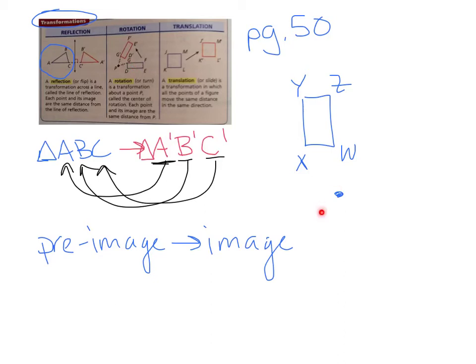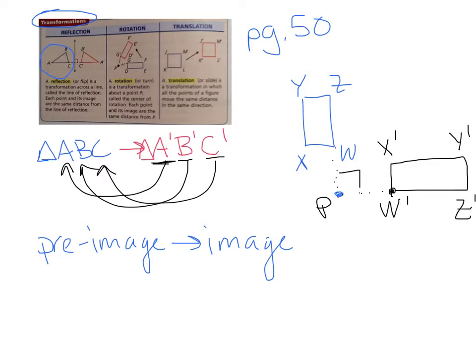From this point P, we're going to go this way, and if I want to rotate it 90 degrees, we'll go there. This point right here is going to be W prime. So I'm going to make a rectangle. This would be X prime, Y prime, and Z prime.